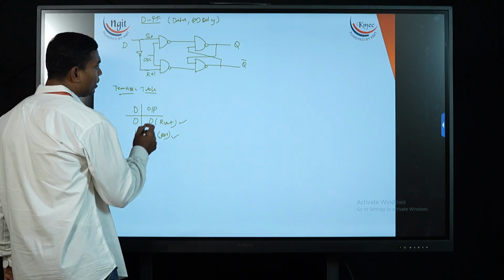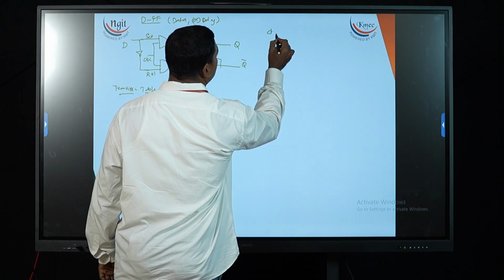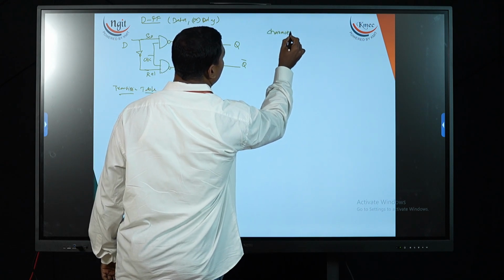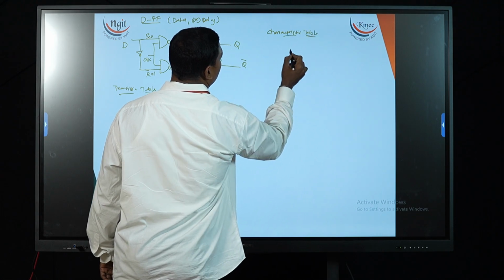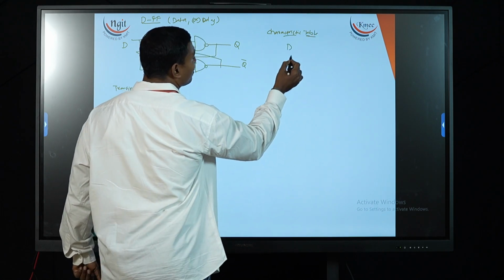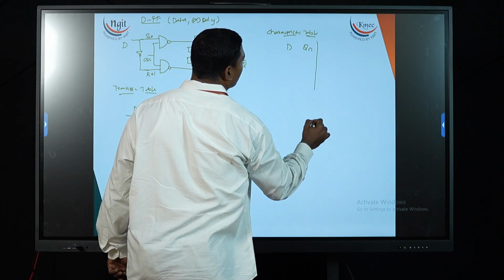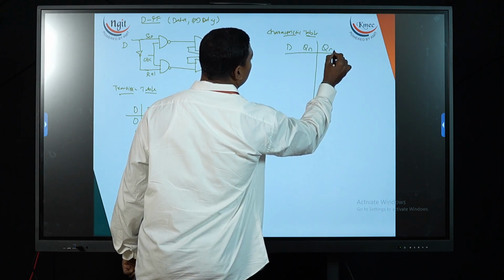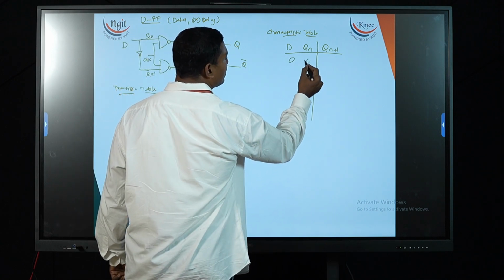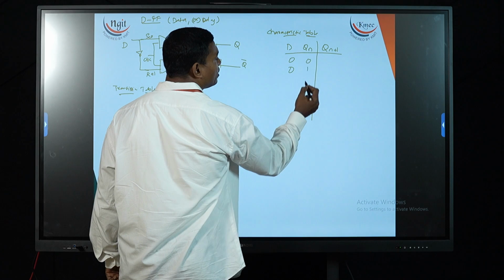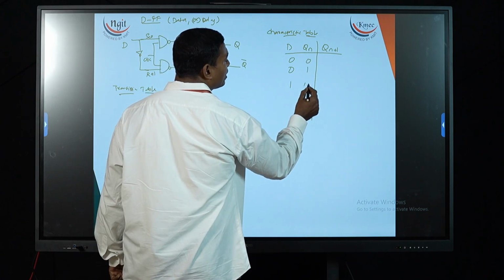Next one, characteristic table. So characteristic table can be written as D, Qn and Qn plus 1 as my next state. So for 0, present state can be 0. For 0, present state can be 1. For 1, present state can be 0.